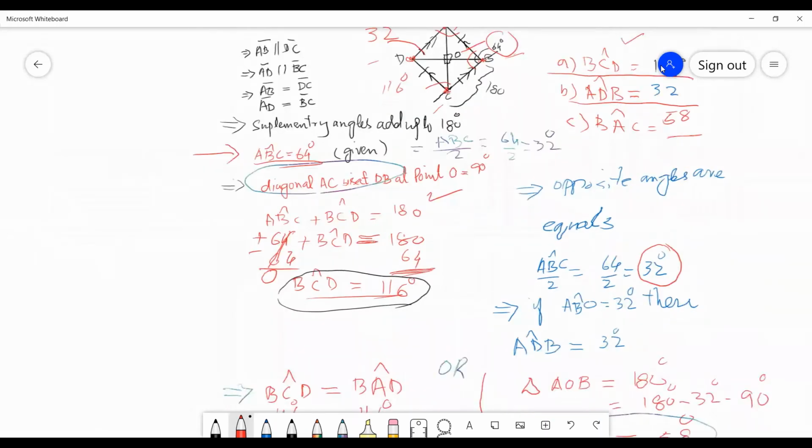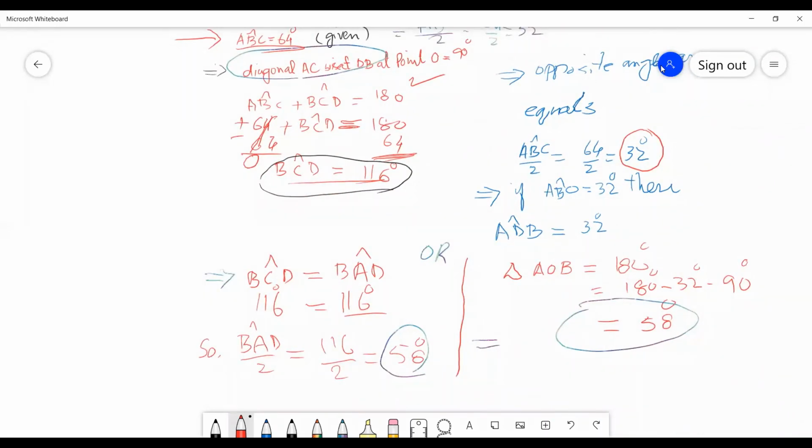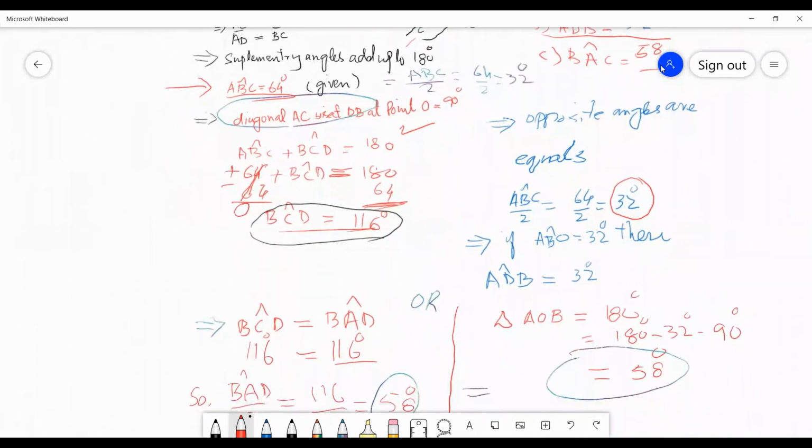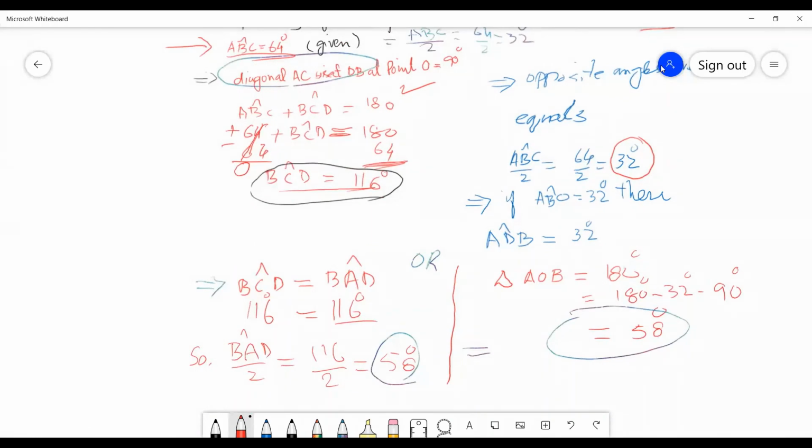There is another way to solve this part. Consider triangle AOB. The interior angles of a triangle add up to 180.